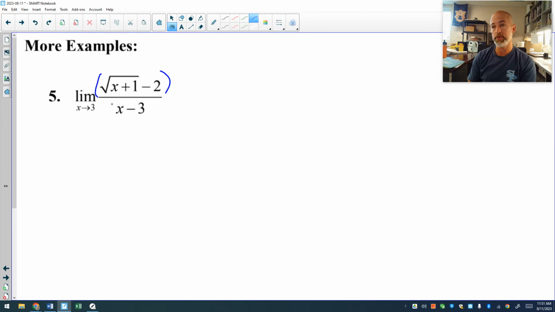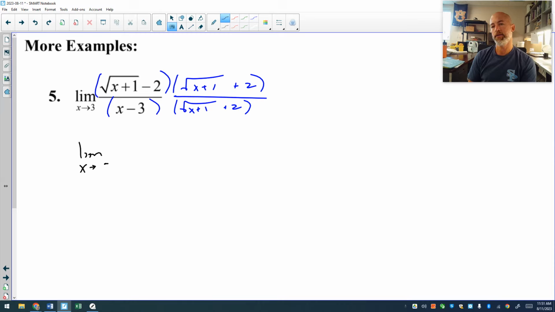I see a square root, and I'm going to multiply the top and the bottom by the conjugate of that numerator, which you keep the same 2 terms. You keep the radical term and the constant. You just change the sign between them. And again, remember, you only expand the conjugate pairs. I will not expand the denominator. So that's x minus 3 and the quantity square root of x plus 1 plus 2.